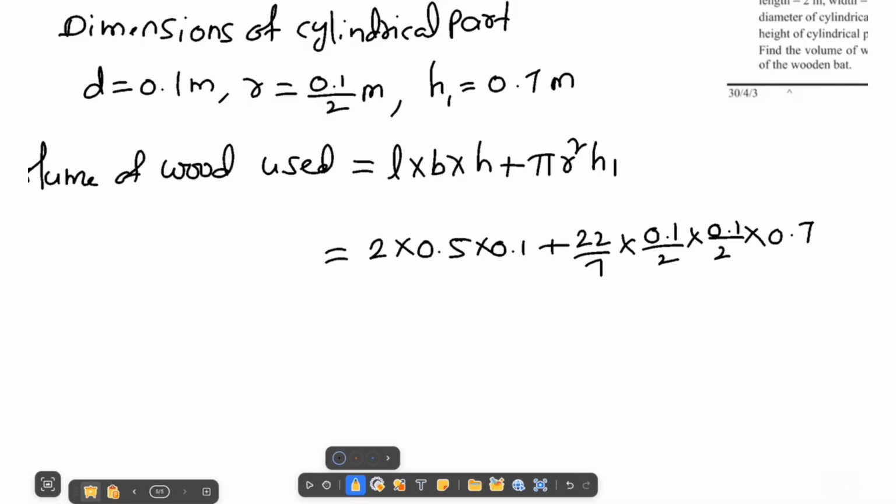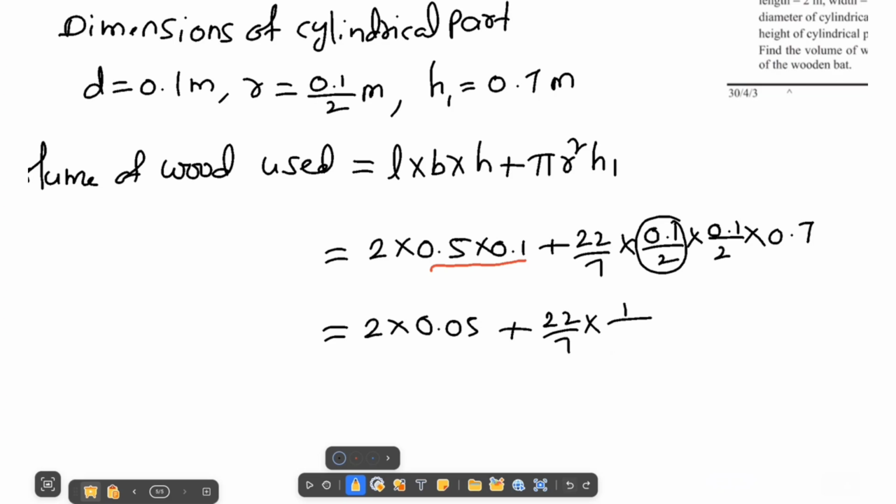So okay, let's multiply the numbers here. First of all, let's multiply 0.5 into 0.1, which is 0.05, so 2 into 0.05, plus 22 by 7 into this 0.1 by 2. In p by q form, 0.1 can be written as 1 by 10, but we have 2 in the denominator, so 10 into 2, 20.